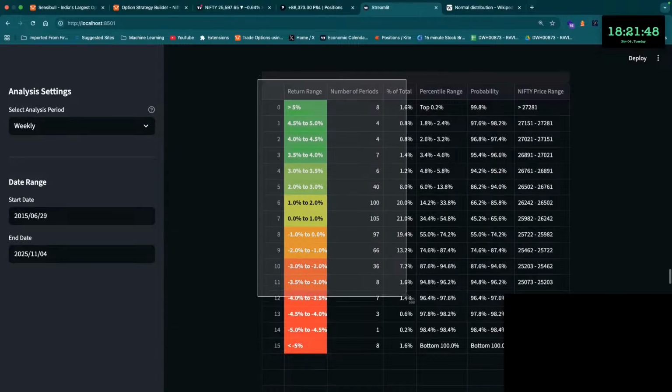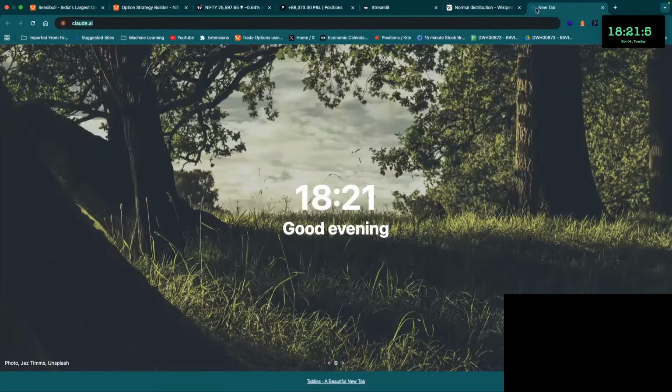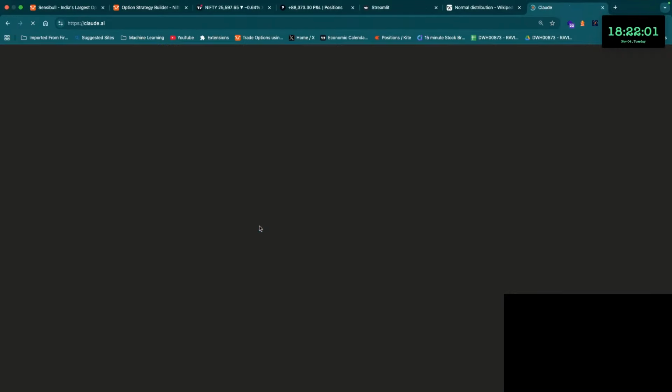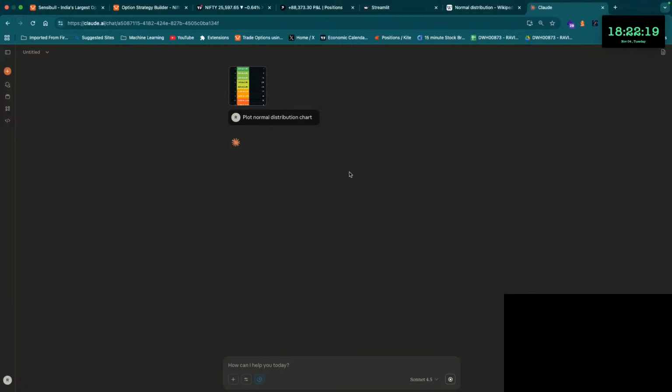I copied this, and then I'll go to Claude. All right, so let's see if it is a normal distribution or not. I think it's a normal distribution, definitely.